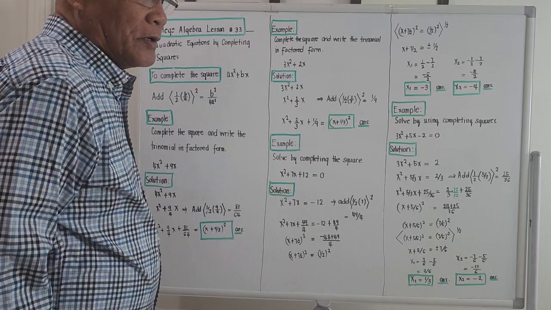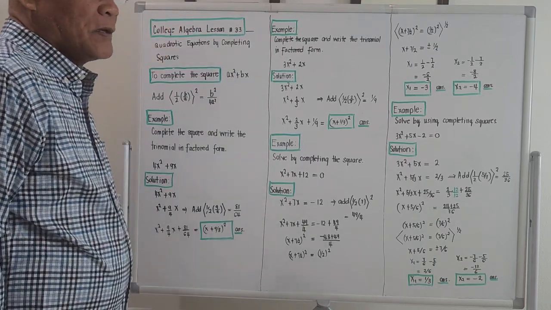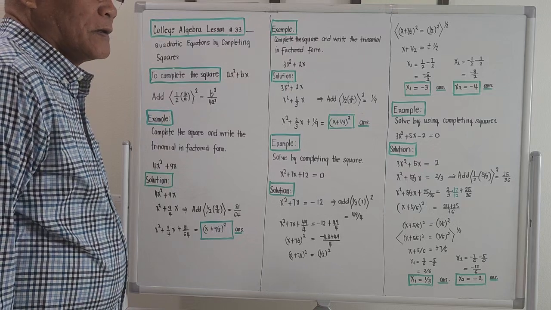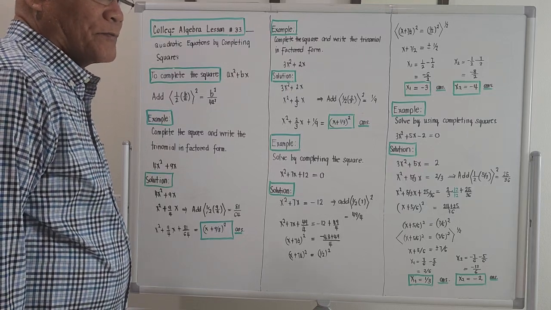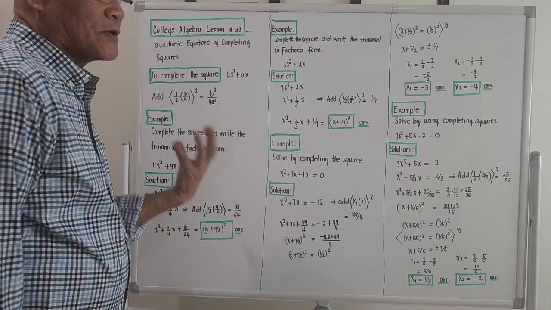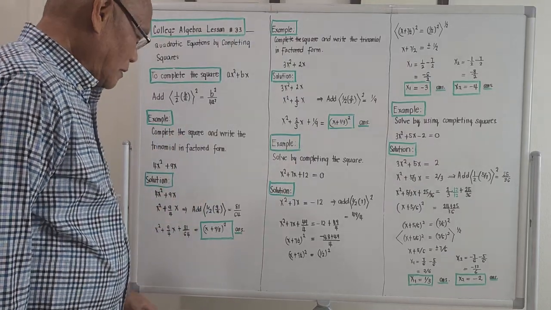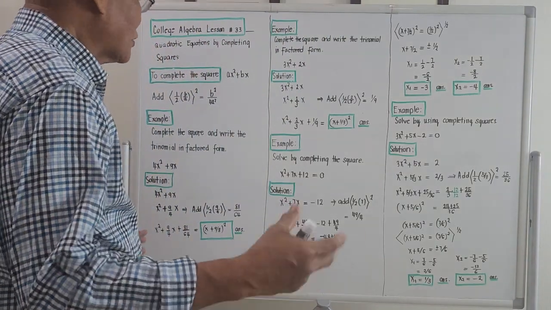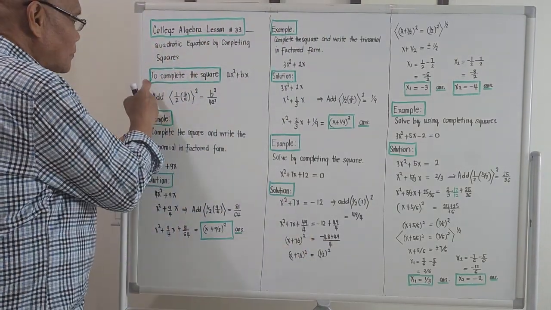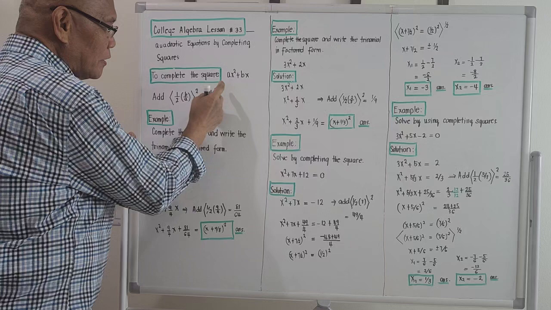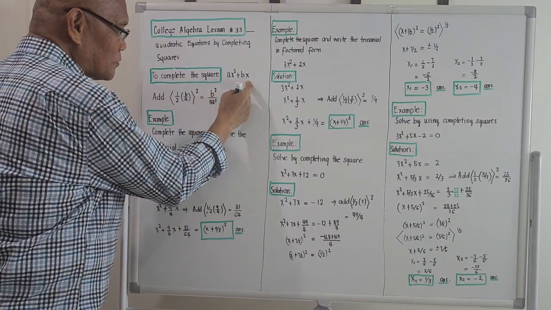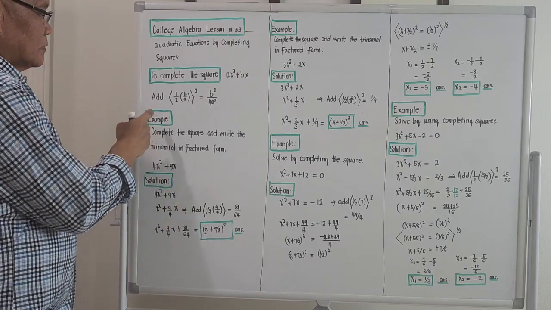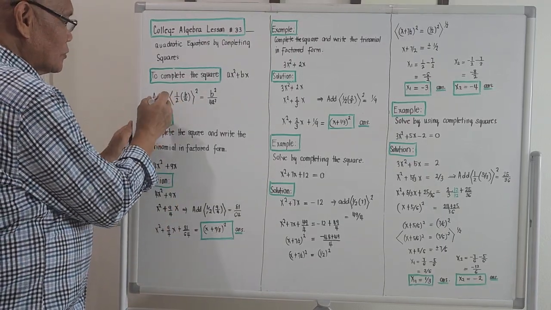So there will be a concept on how to make the quadratic equation a perfect trinomial on the left hand side. Let's bring out the concept on how to complete the squares. To complete the square, if we are given ax square plus bx, there will be an addition.